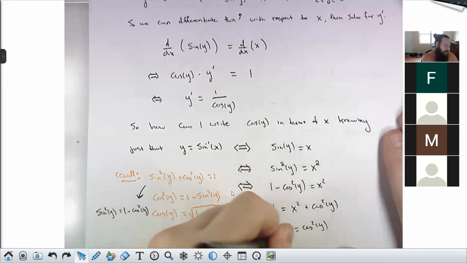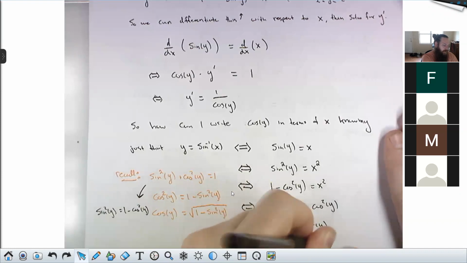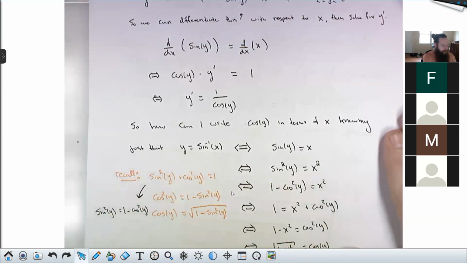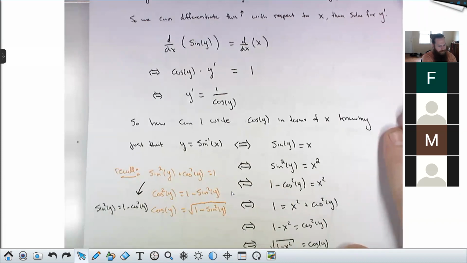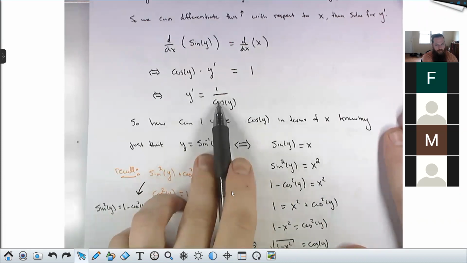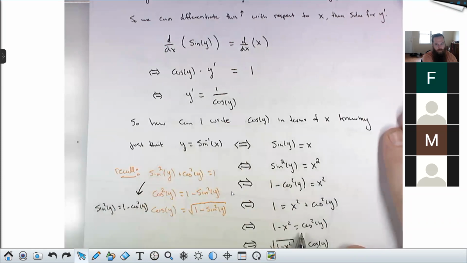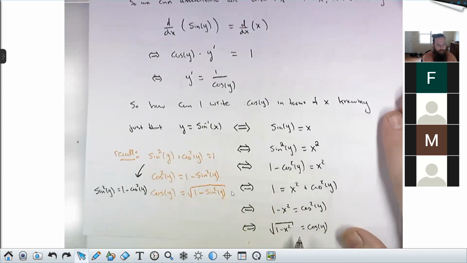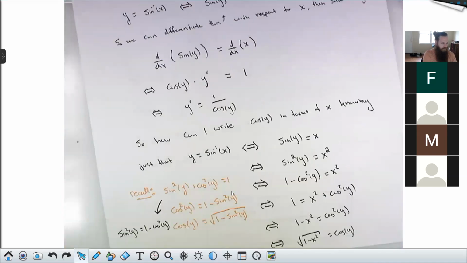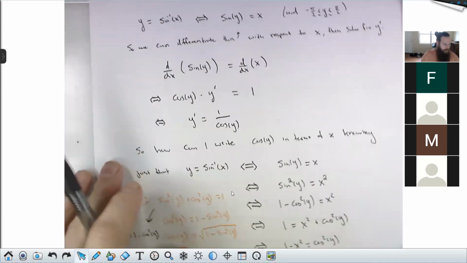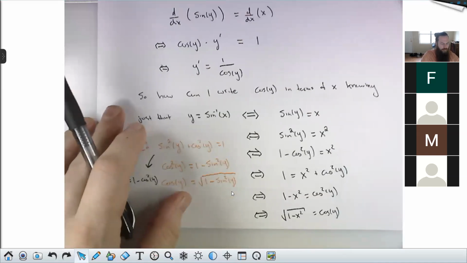So the square root of 1 minus x squared is equal to cos of y. All right, so we get there either way. The upshot is the cosine of y here is the same as the square root of 1 minus x squared.